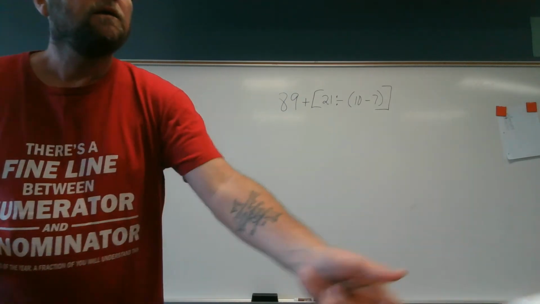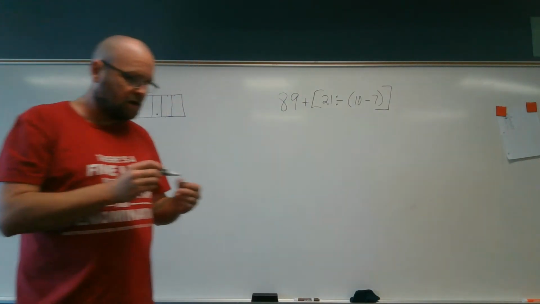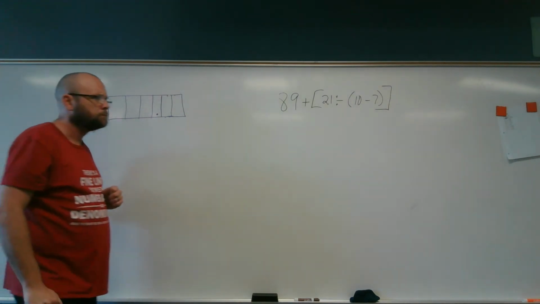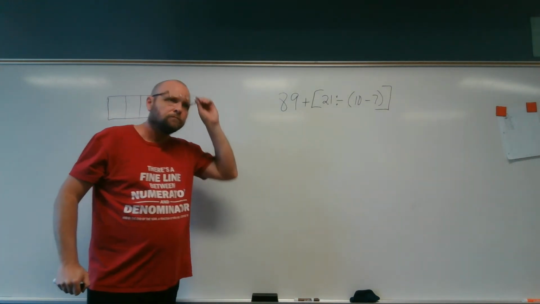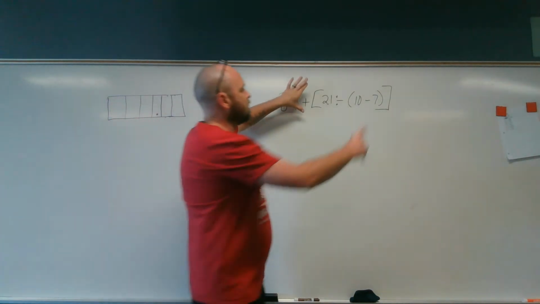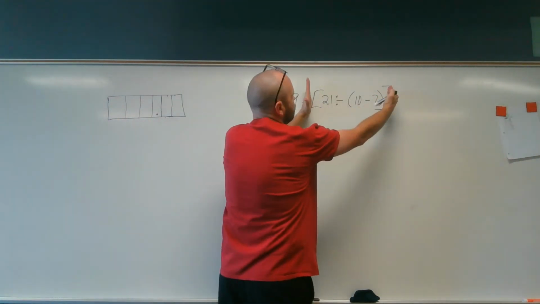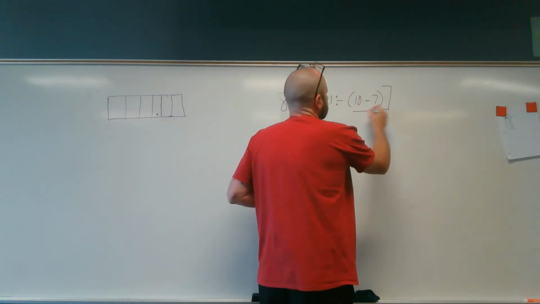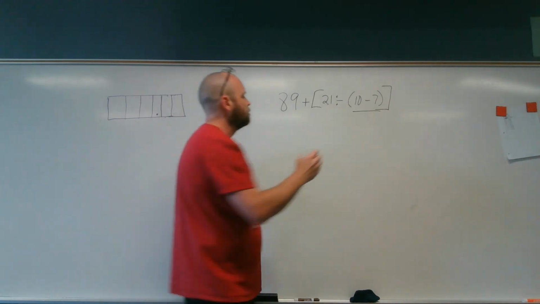All right. So, Honeyleth, where are we starting on this? Ten minus 7, because we're inside the brackets. We treat that like it's its own problem. 10 minus 7 is 3.